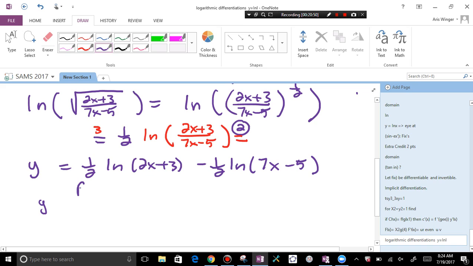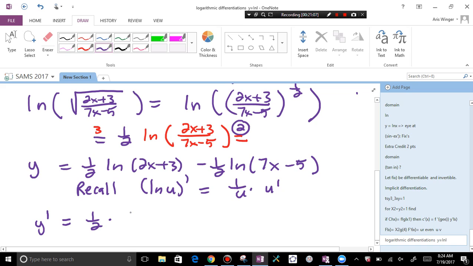We'll recall as well that the derivative of the natural log of u is 1 over u times the derivative of u. And therefore y prime is equal to, I'll hold the 1/2, the derivative of the natural log of 2x plus 3, which is 1 over 2x plus 3 times the derivative of 2x plus 3, which is 2.